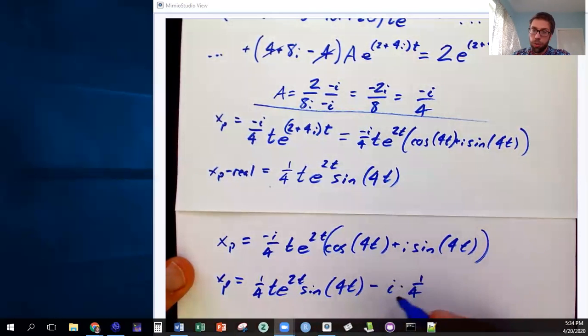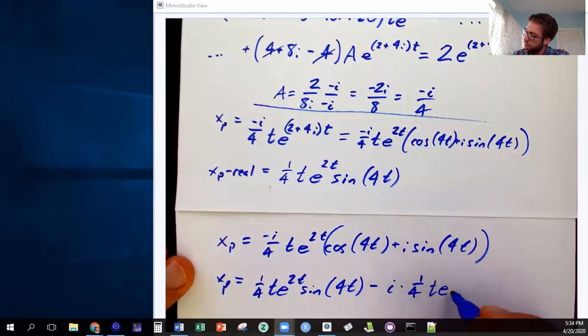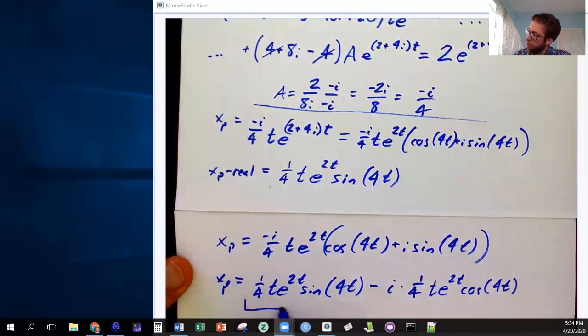Instead of i over 4, I'm just doing i times 1/4. t e to the 2t cosine 4t. Okay, so this part is my real part. And this part, not including i, is the imaginary part.